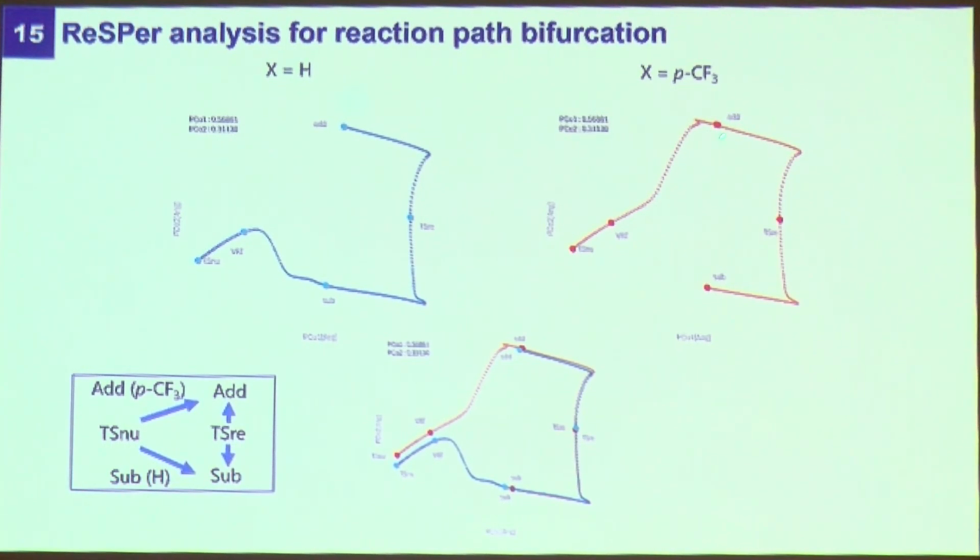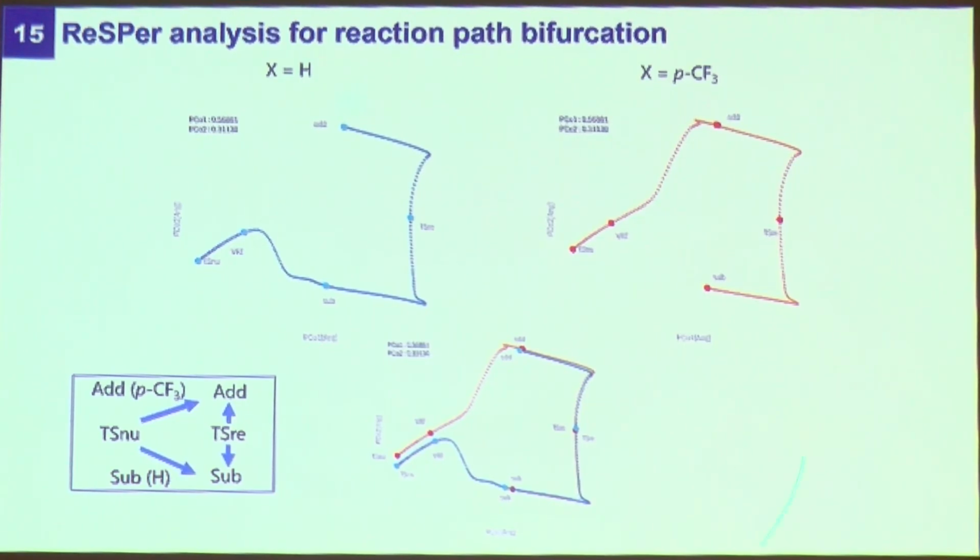And then it is connected to ADO. And then it is connected to sub. And then we can merge these two IRC pathways in the reaction space like this.